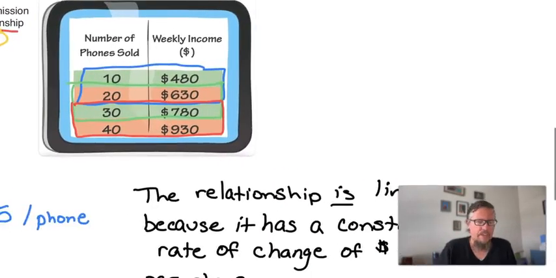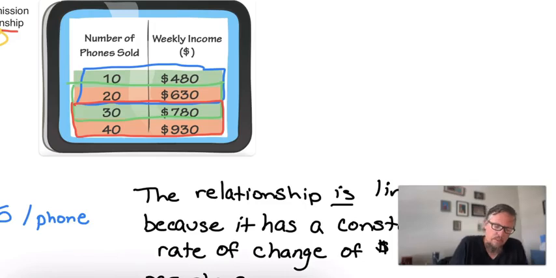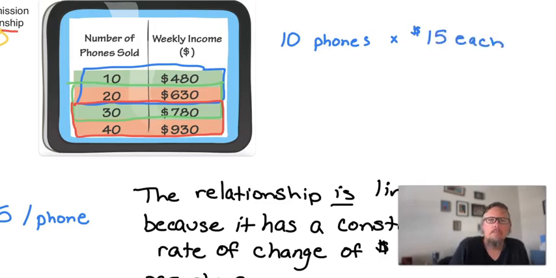The initial value is what do you get if you sell nothing? And the easiest way to figure that out is to figure out of that $480, how much of it came from phones? Well, that's not too bad. I sold 10 phones and we just figured out that I get paid $15 per phone. So if I sold 10 phones and I get paid $15 each, what's 10 times $15? That's $150.